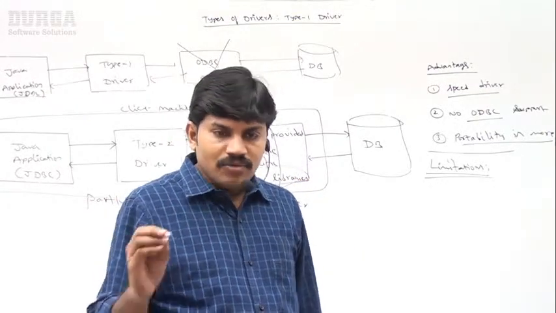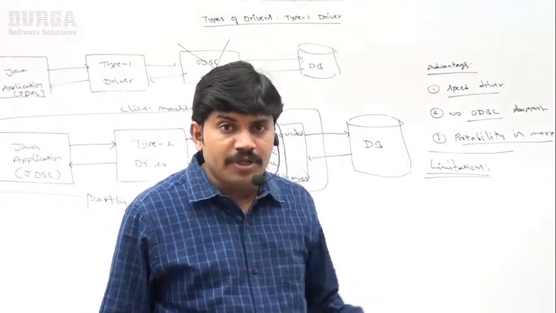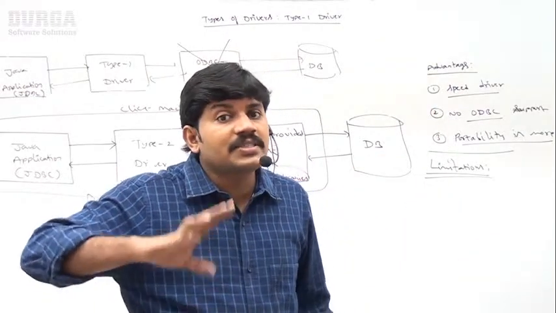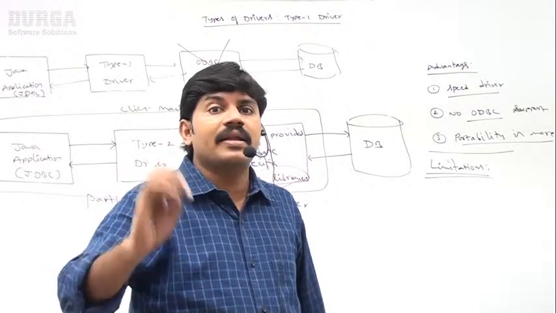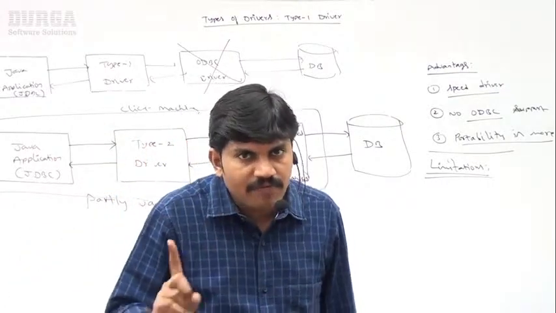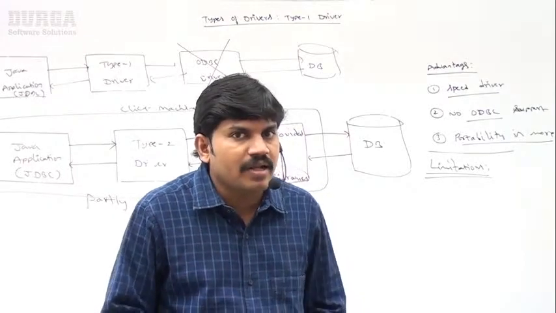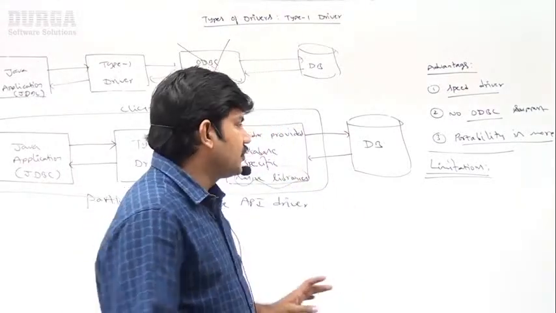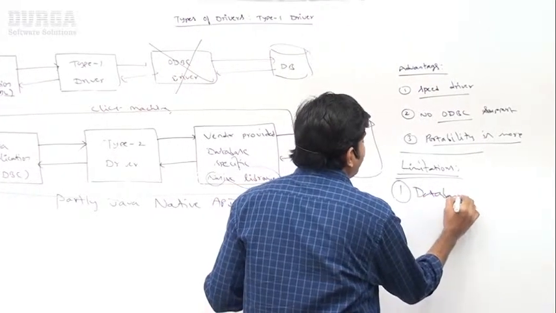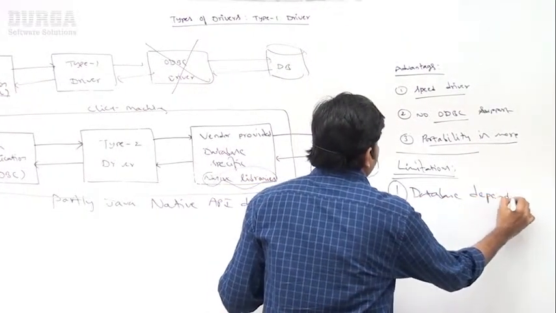Today I am using Oracle, tomorrow I want to use DB2, you are required to change the driver. It is not a database independent driver. That's why migrating from one database to another becomes very, very difficult. So the first limitation is that it is a database dependent driver.